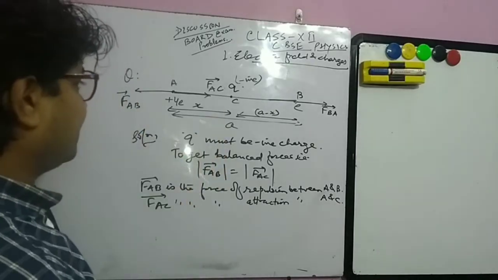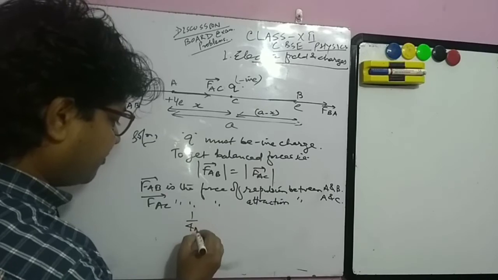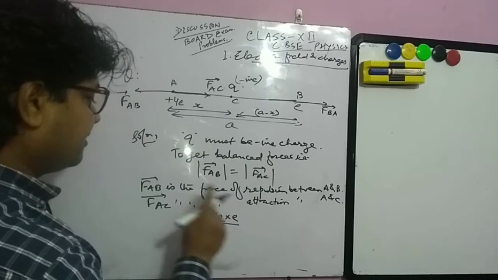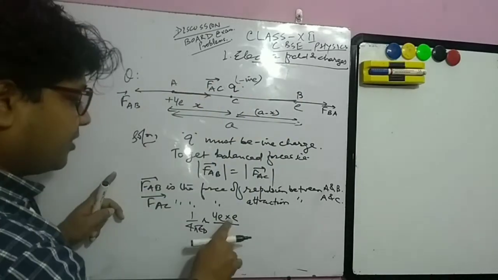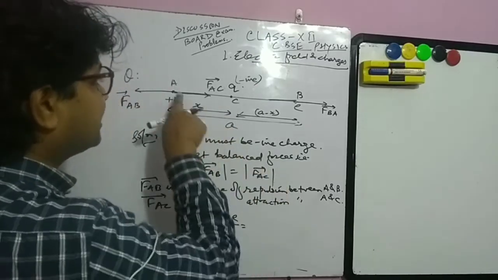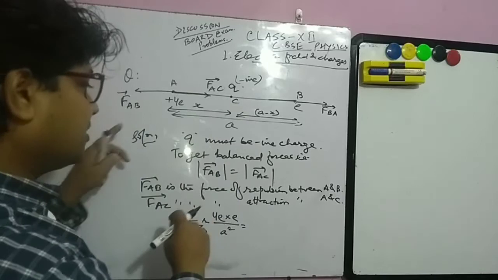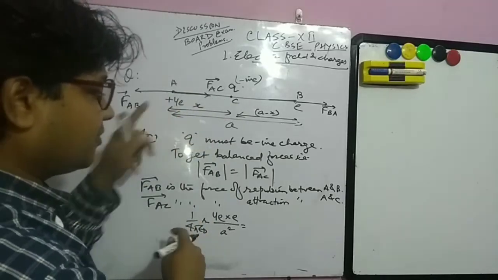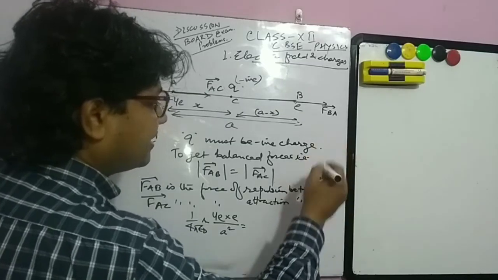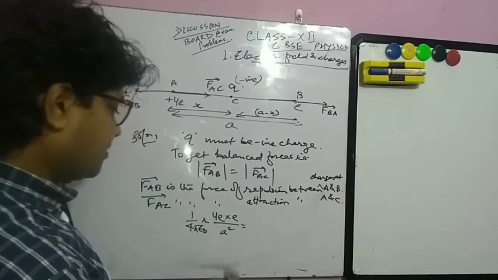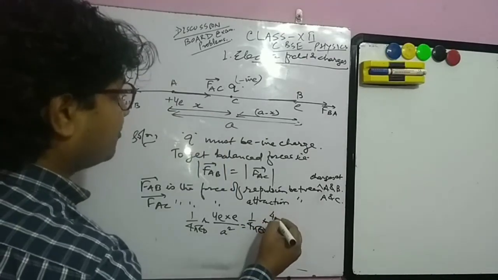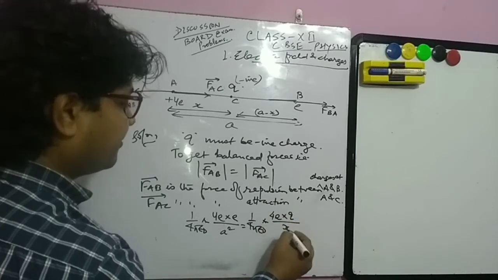So what we can write here, FAB is 1 upon 4 pi epsilon naught, 4E into E, divided by A square, and this will be equal to FAC, the force between charges at A and C. So 1 upon 4 pi epsilon naught, 4E into Q divided by x square.